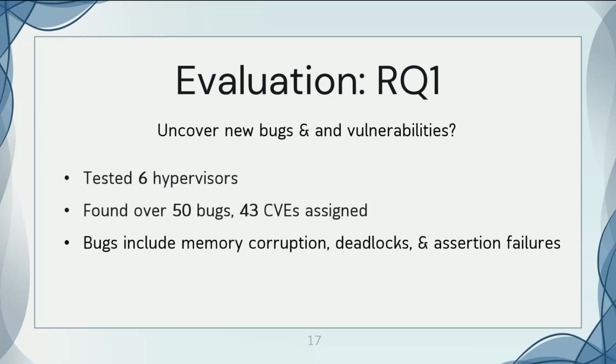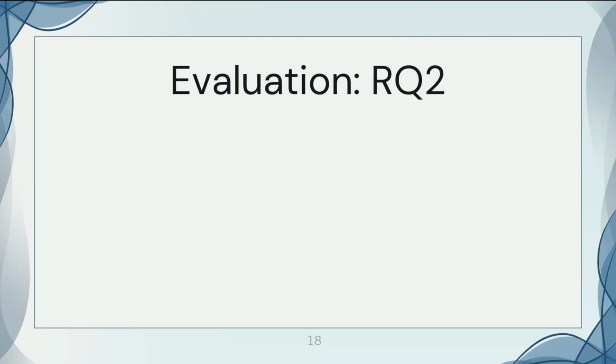They tested 6 hypervisors and found over 50 bugs, and have already been assigned 43 CVEs from these bugs that they found. And as I was showing in the slide before this, those bugs included memory corruption, deadlocks, and assertion failures. And this demonstrated that Hypercube was quite effective in finding previously unknown vulnerabilities.